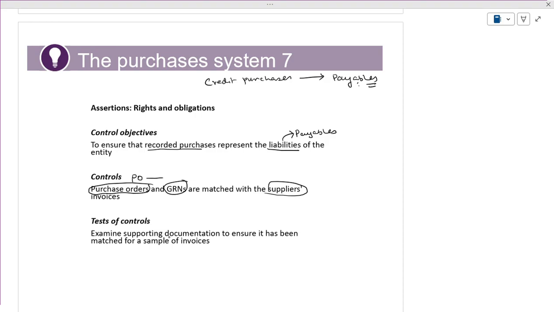Examine a sample of invoices to ensure that they have been matched: purchase order should be matched with GRN, and GRN should be matched with the supplier's invoice. When we are doing this, you will be more proactive than me. Understand the point? This is the foundation we are working on.